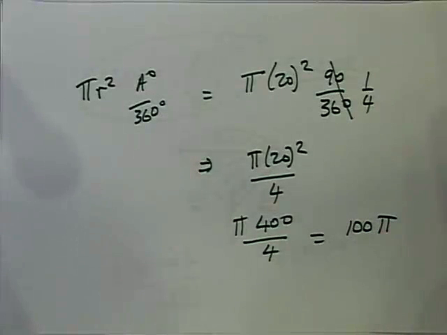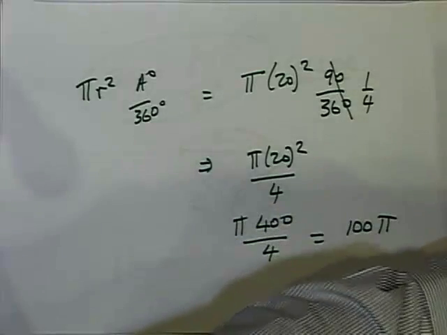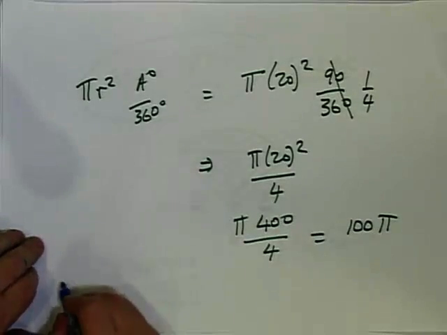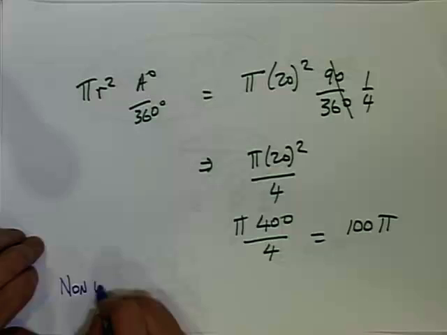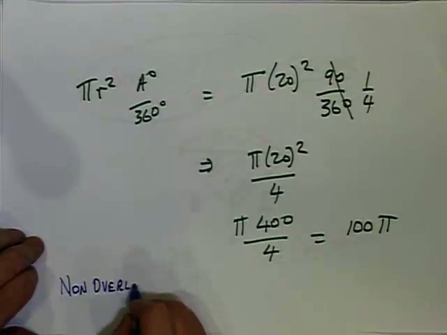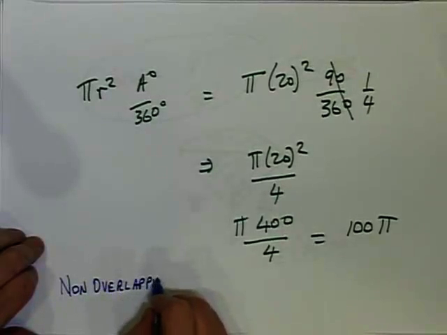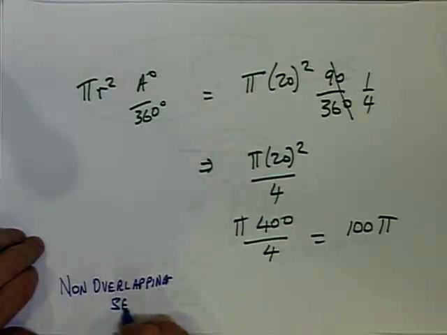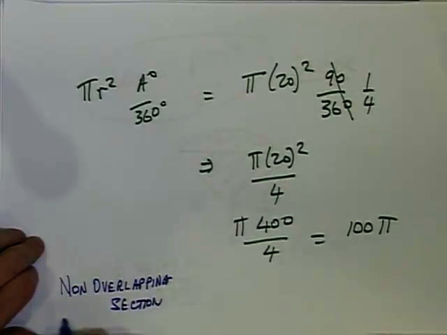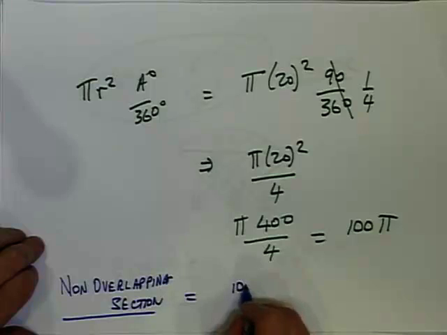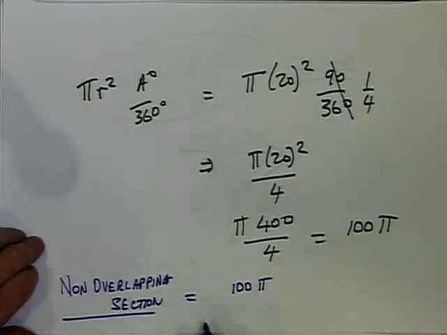So the bit on the top, the fancy bit, the non-overlapping section, in other words, the bit that's in the sector that's not in the triangle, is 100 pi for the whole lot minus the 200 for the triangle, and that's our answer.